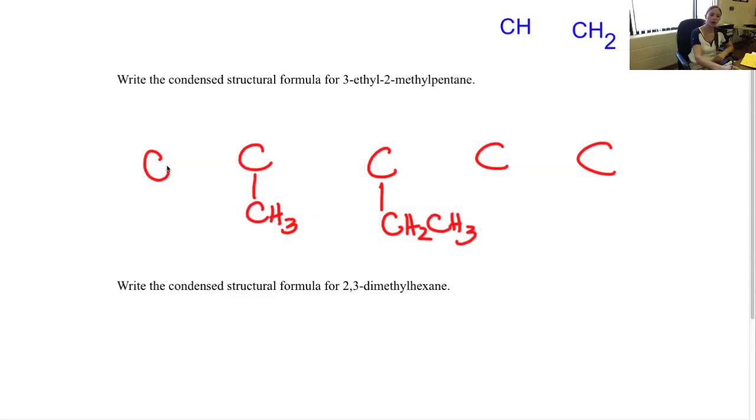So, alright, this only has 1 other bond, the carbon next to it, so it should be CH3. This guy has a bond to 1 carbon here, another carbon there, and another, so that's 3, so it's going to be CH. Only 2 things it's connected to, so I need 2 more H's, CH2. And then this is going to be CH3.